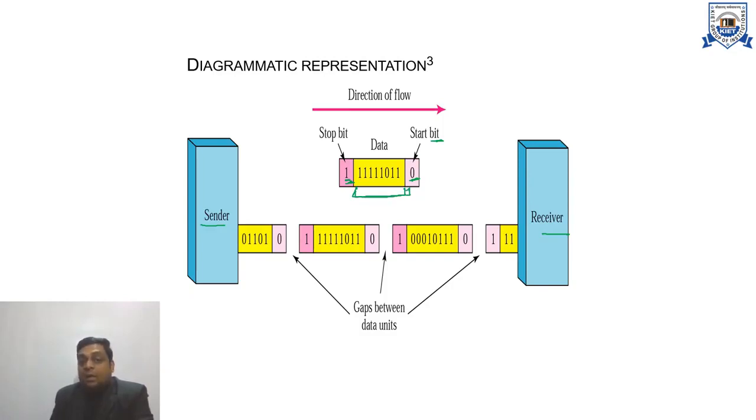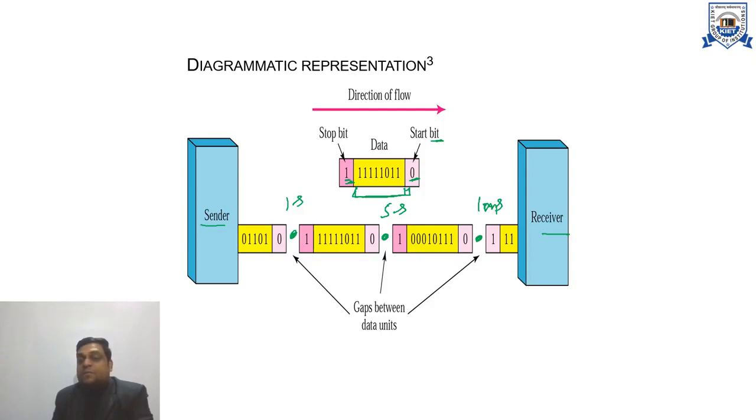Moreover, between the different bytes there are some time gaps. They may be constant, they may not be constant. Like here maybe a 1 second time gap, here maybe a 5 second time gap, here maybe a 1 millisecond time gap. It is possible. So why is this time gap used?